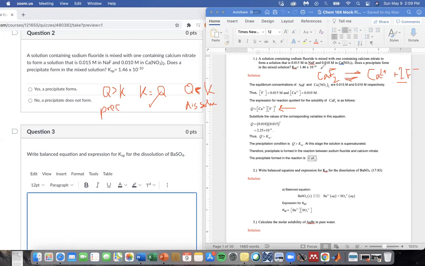When you compare Q to K, Q is very clearly larger than K. Since your K is products over reactants, and it's going to want to go towards equilibrium when Q equals K, that means you're going to shift back to the CaF2 where it's solid in order to decrease the concentration of the Ca2+ and the 2F-. And so a precipitate is going to form, and it would be CaF2. Any questions on that one?